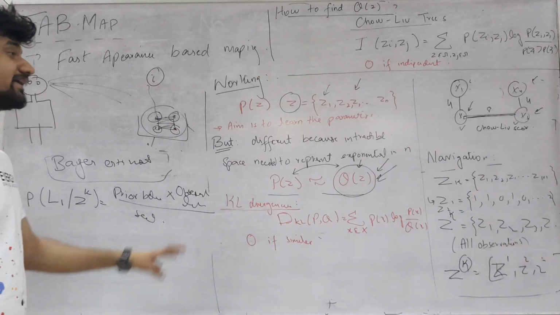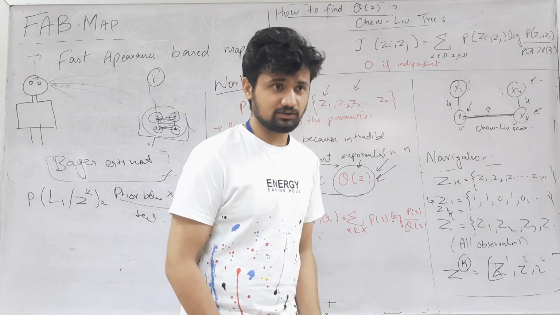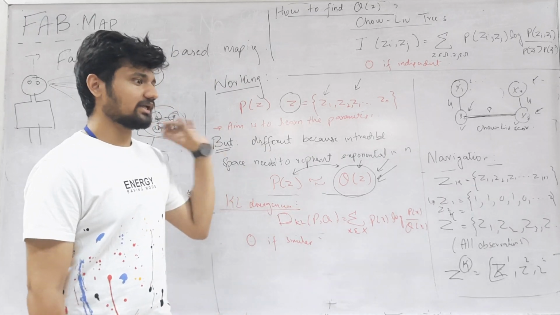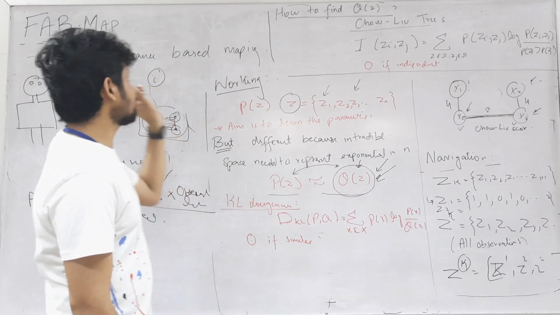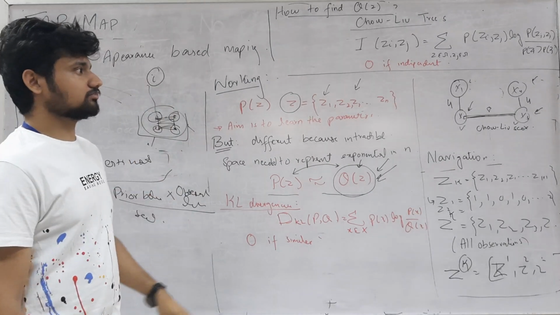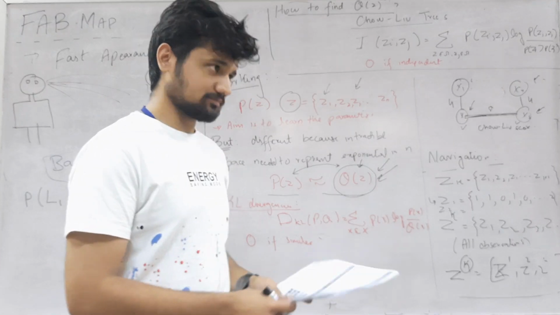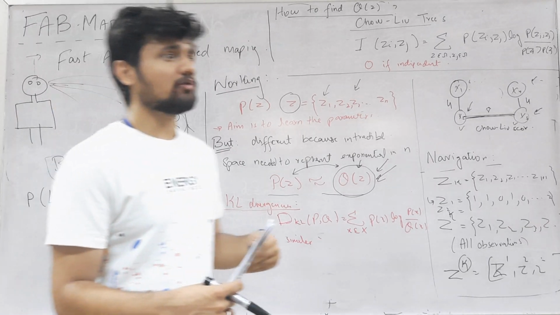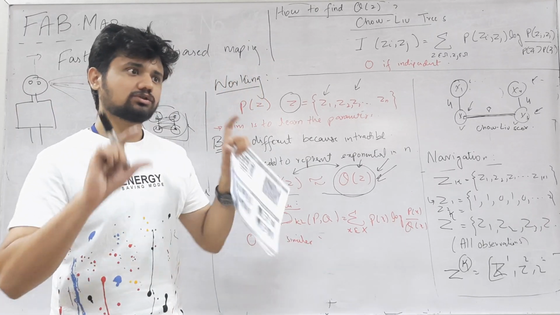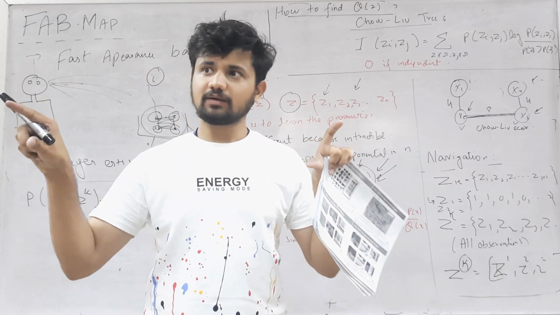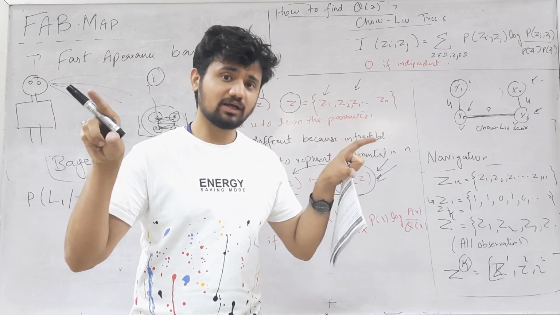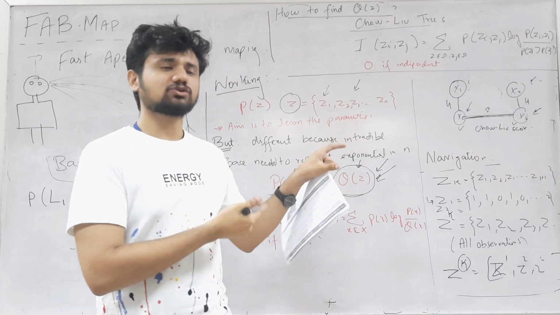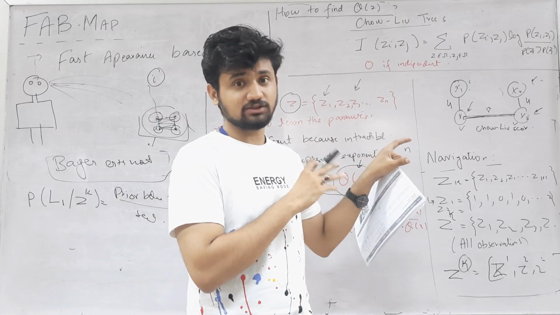This was all, and it gave very good results when the agent was left in the environment with FABMAP. It actually predicts very well. It gives very low probability when two different but similar locations are there, where many other models fail to detect.